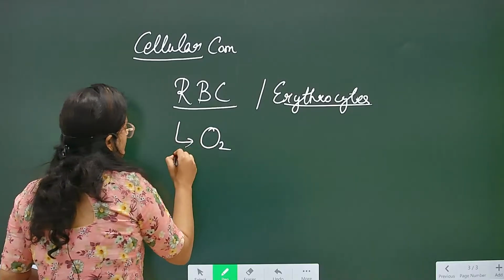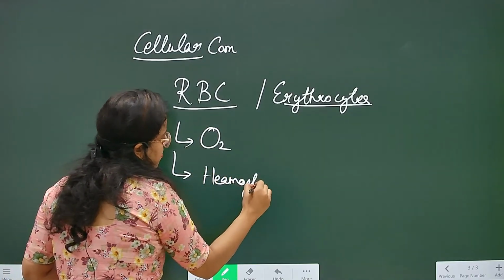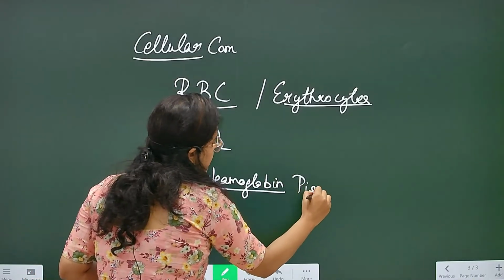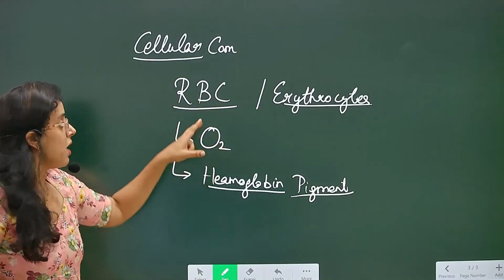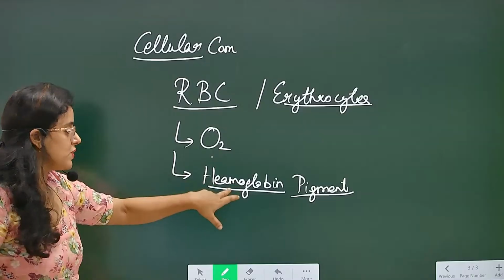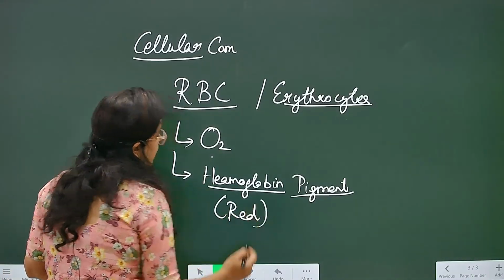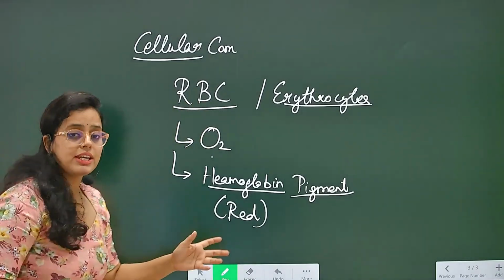They consist of hemoglobin pigment. This is a very important pigment. Why? Because it is the one which binds with the oxygen. So RBCs are able to carry oxygen because of this pigment. This pigment is red in color. As a result, RBCs or our blood appear red in color.